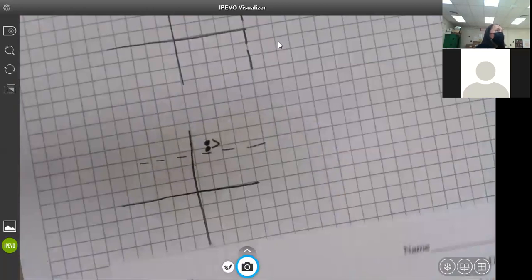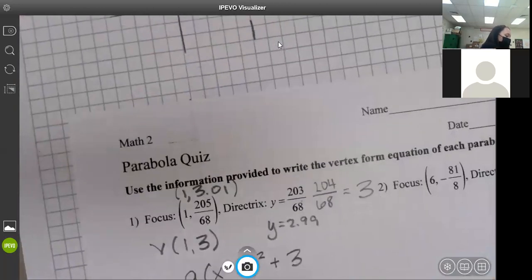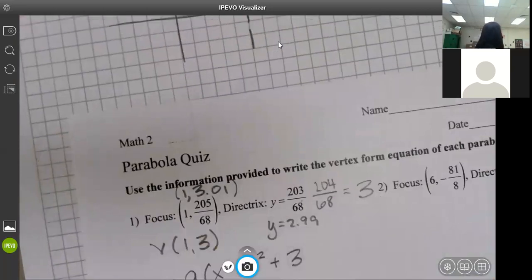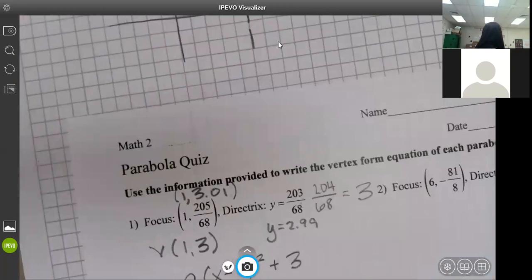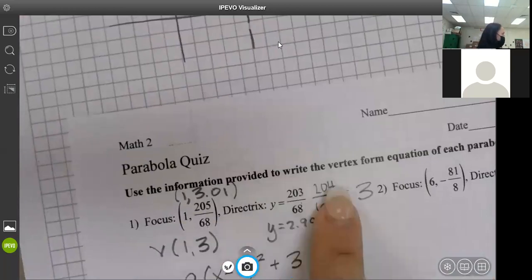So the reason I wrote it down on your paper, how far is it from 205 over 68 to 204 over 68? 0.01. Or, give me a fraction. Think about it. How far is it from 205 to 204? 1 over 68. 1 over 68, and you just use the bottom number.